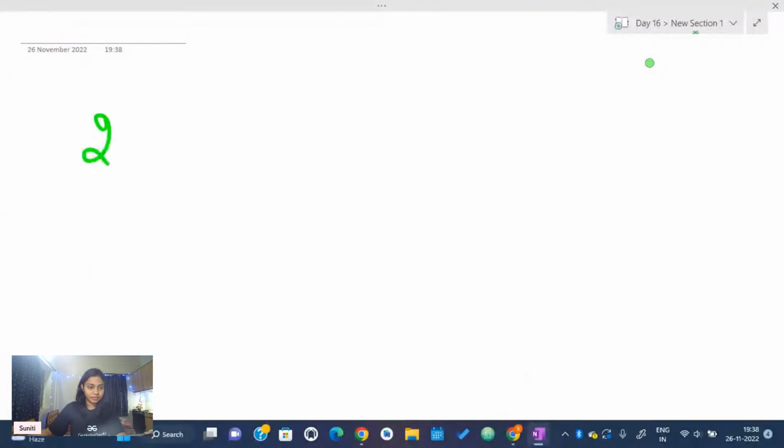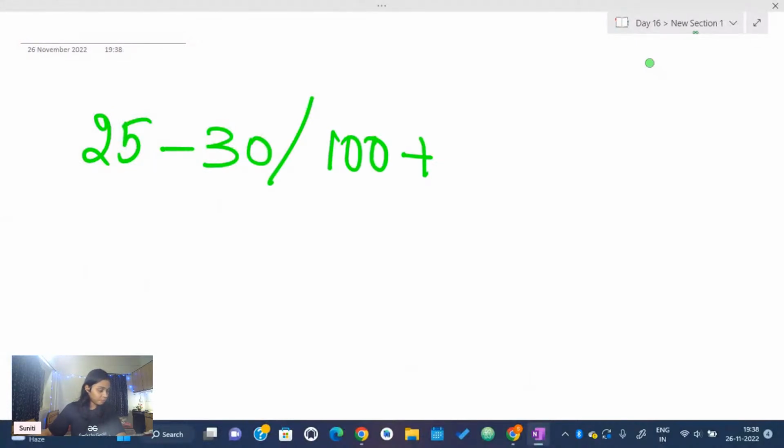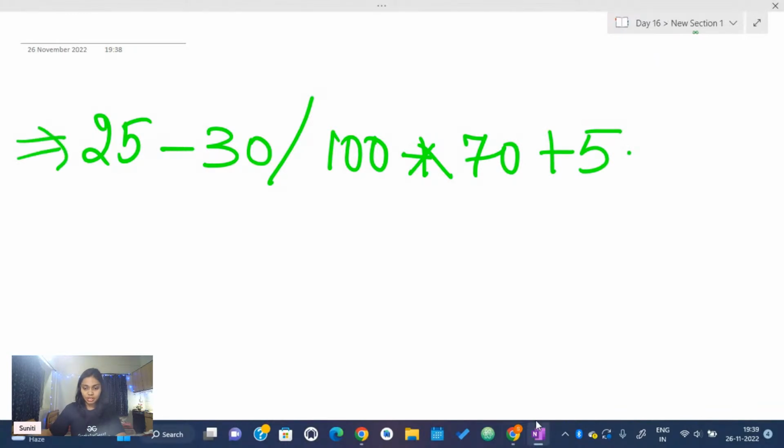The equation that is given to us is 25 minus 30 divided by 100 into 70 plus 5, and the target that we want to reach is 1395. Now if we apply BODMAS here, the first operation we are going to do is division.